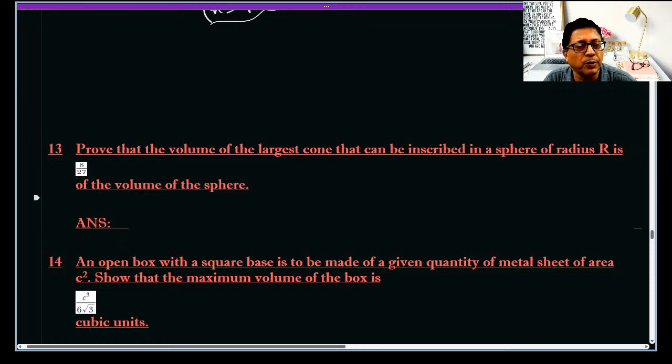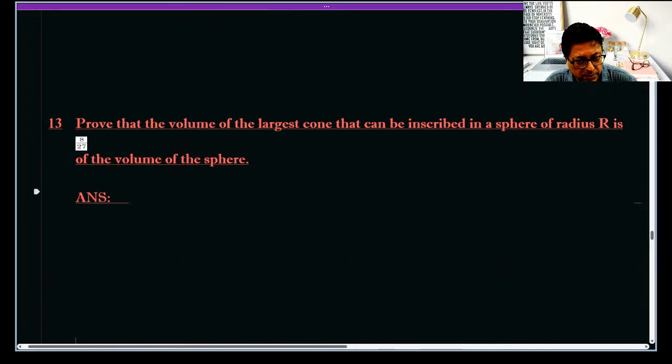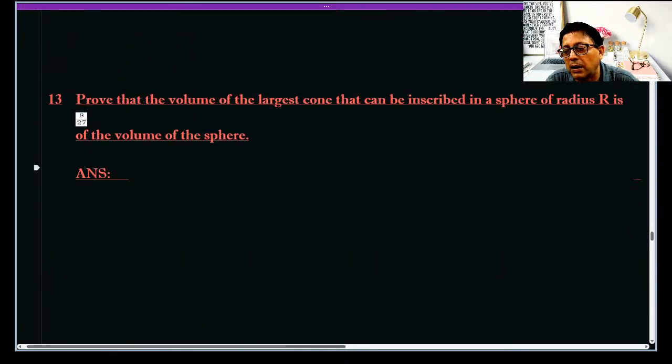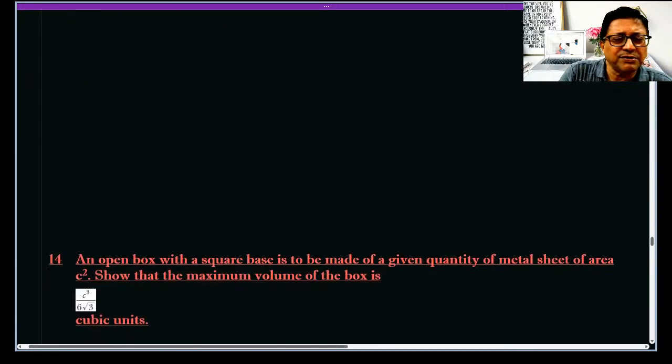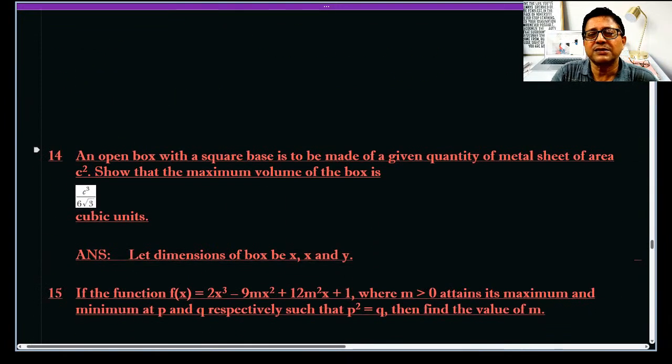Prove that the volume of the largest cone that can be inscribed in a sphere of radius r is 8 by 27 of the volume of the sphere. Yes. I think you can try this thing. Okay, you try later. Let me discuss some uncommon type of sum.